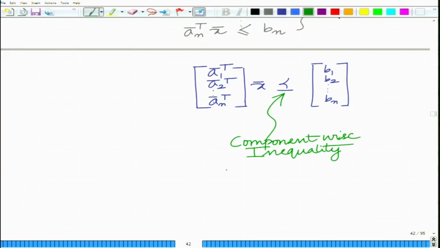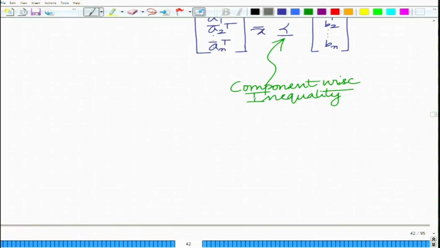This is known as a component wise inequality. It means that we take two vectors, let us say u bar less than v bar, which means each component of vector u bar is less than or equal to each component of vector v bar.